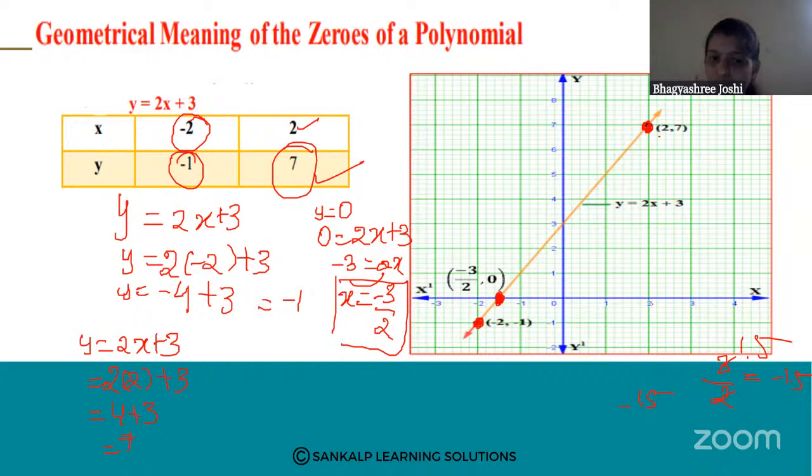So when the y value is 0, we get -3 divided by 2, 0. It came the same. So one thing is that how many times it touches or intersects the x-axis, that number of times is called the zeros of the polynomial. Only one time, 1 zero; 2 times, 2 zeros; 3 times, 3 zeros, right?